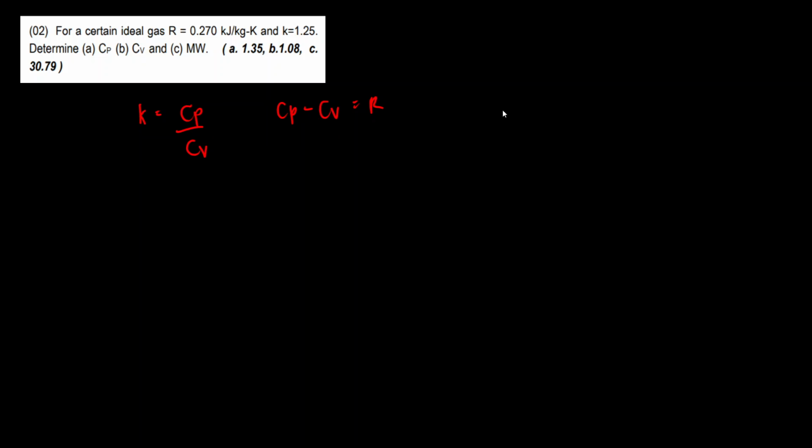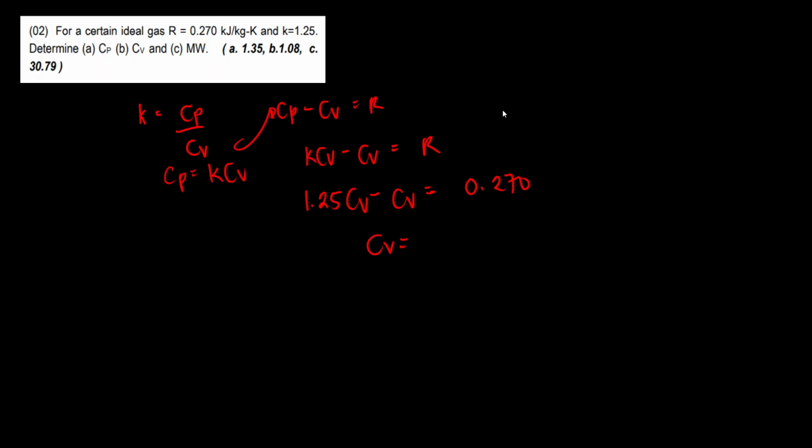Kuhanin muna natin si Cv by Cp is equals to kCv and substitute it here. kCv minus Cv is equals to R. Okay, k is 1.25. 1.25Cv minus Cv is equals to R, which is 0.270. So, Cv is equivalent to 1.08 kilojoule per kilogram Kelvin.